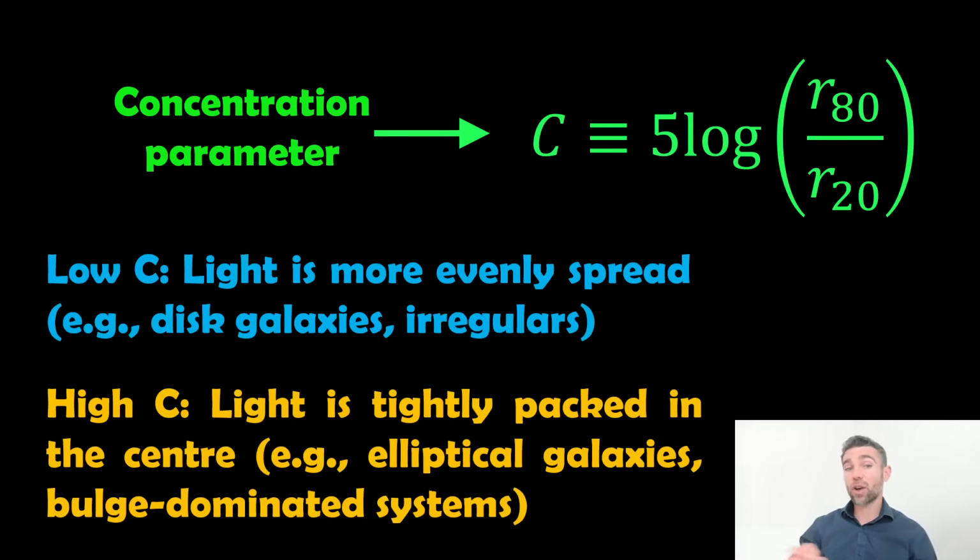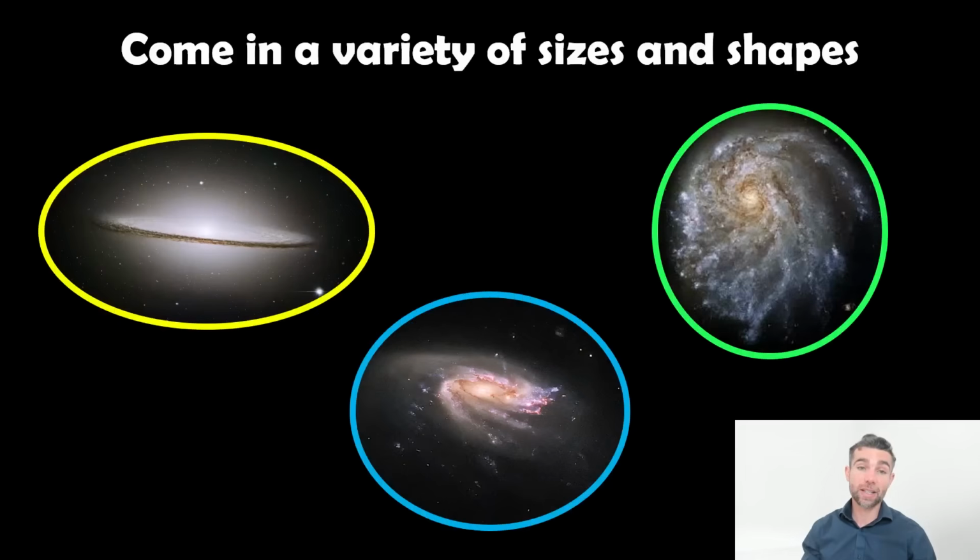But if we've got a high concentration parameter, then the light is tightly packed in the centre. This would be fairly typical for an elliptical type galaxy, or one that has a fairly significant bulge in it. Bulges typically grow as galaxies age, so again it could be another indicator of the evolutionary process of a galaxy.